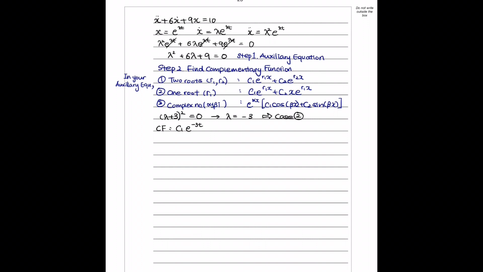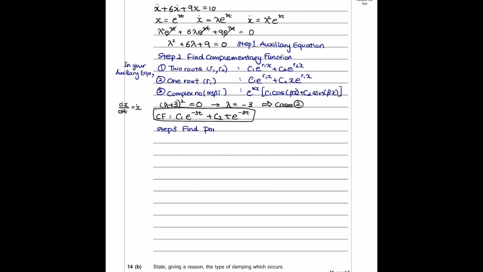And remember, our equation was in terms of t, so we're going to put t here instead of x because we are dealing with dx/dt, which is notated as x dot. So our t should go up in the exponent, plus c2, which is a second constant, times t, and then e to the power of minus 3t. And that's your complementary function.